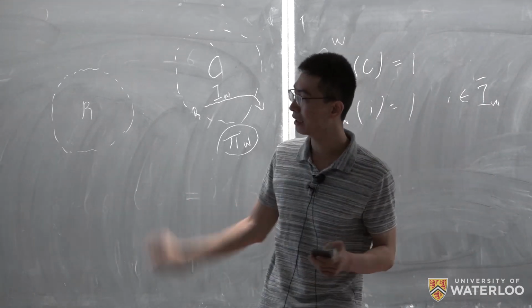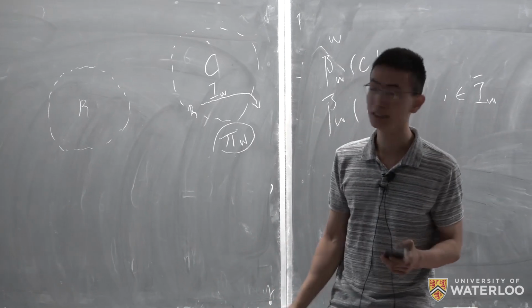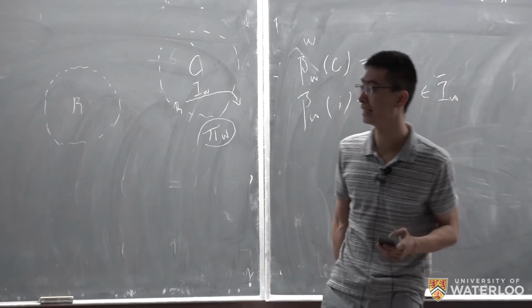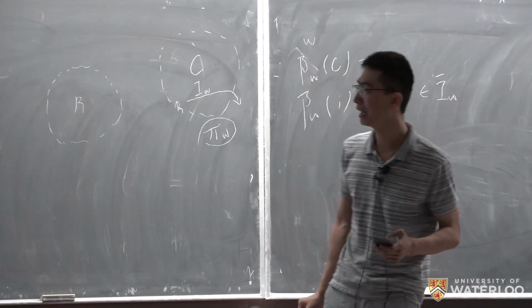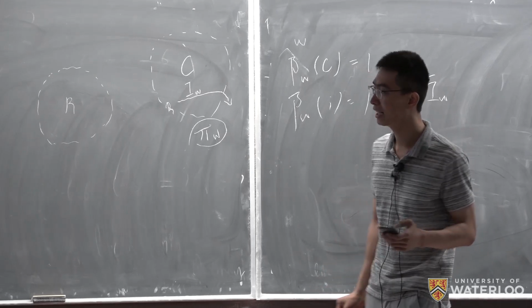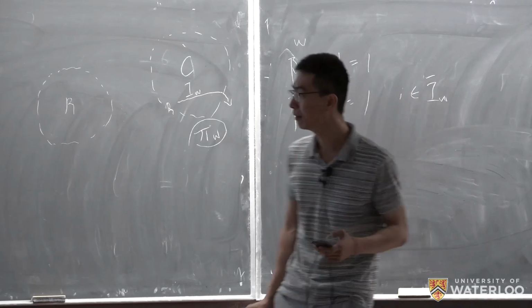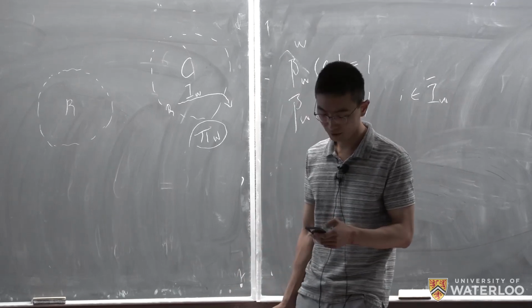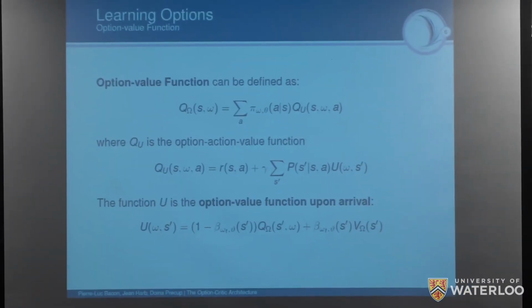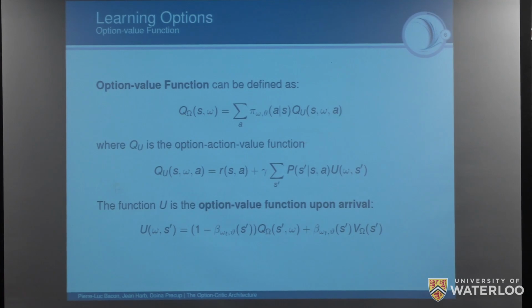So we also define pi omega theta as an intra-option policy of omega parameterized by theta, and beta omega theta as the termination function of omega parameterized by theta. And also we define the option value function as Q omega, which is the expectation of the option action value.